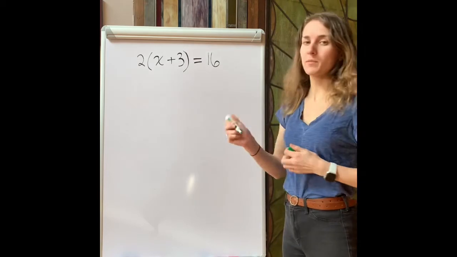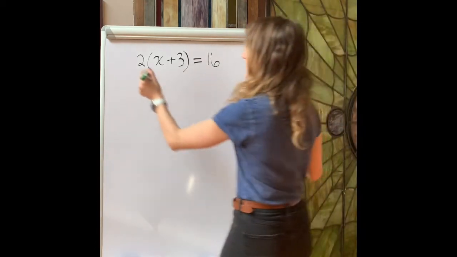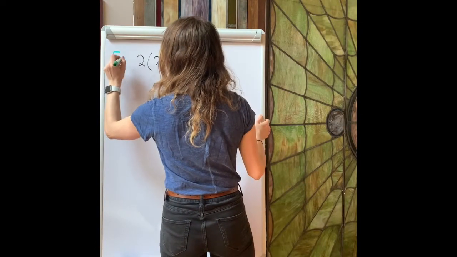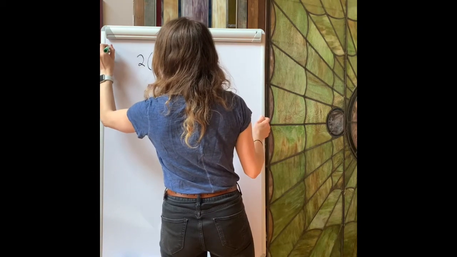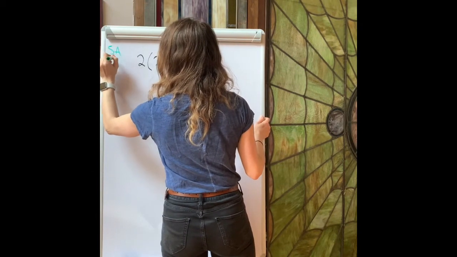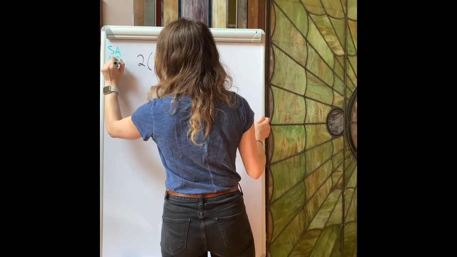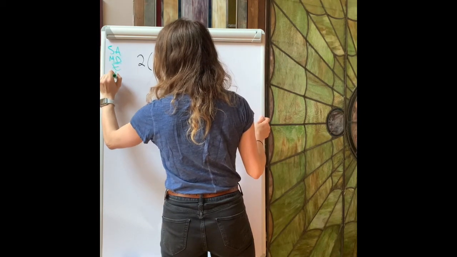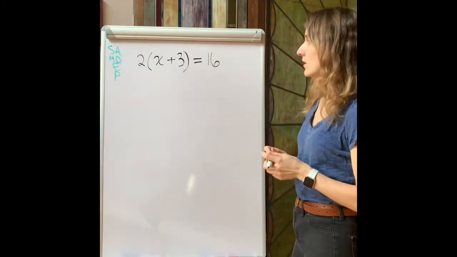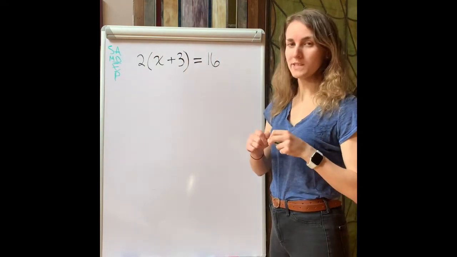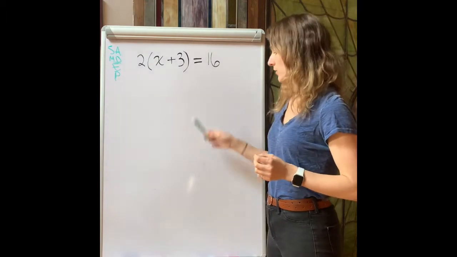This is when we need to use SADMEP to help us. Subtraction and addition, multiplication and division, exponents and parentheses. So, we're going to go through SADMEP to see what order to solve in.